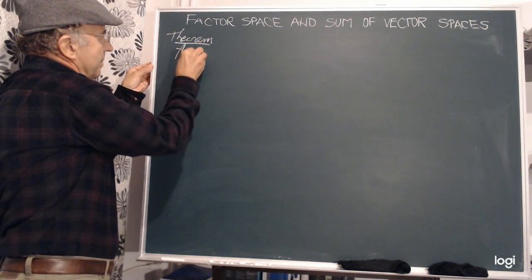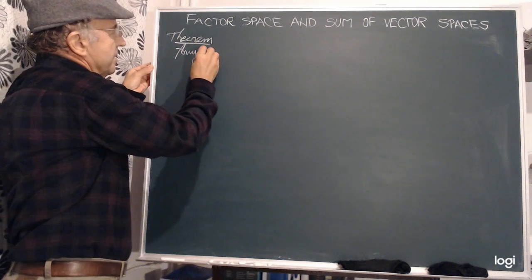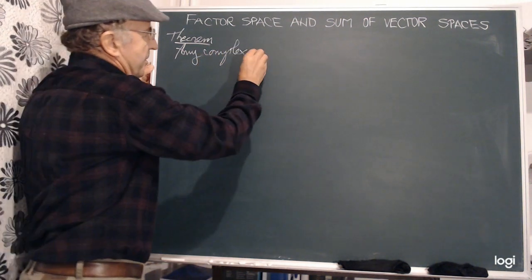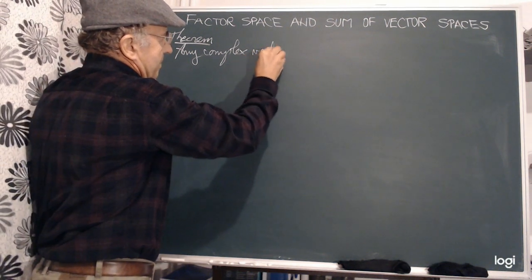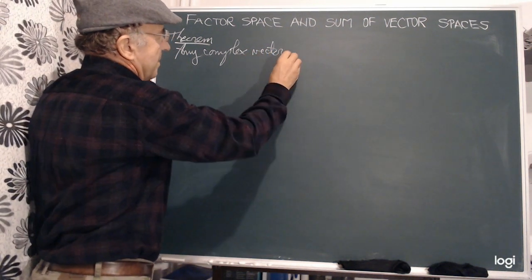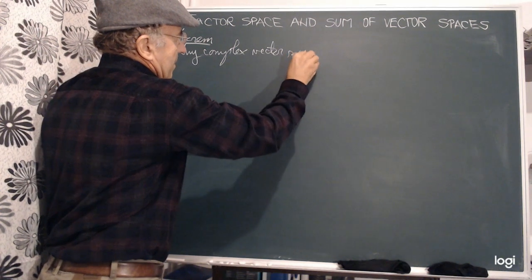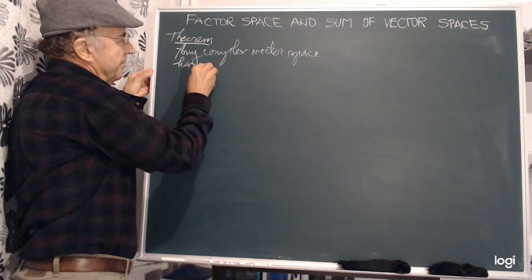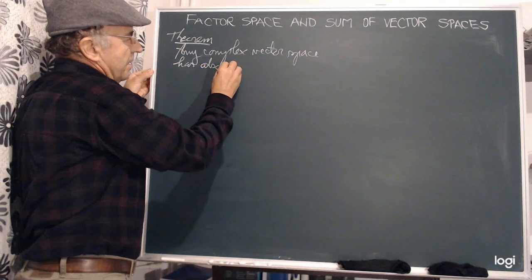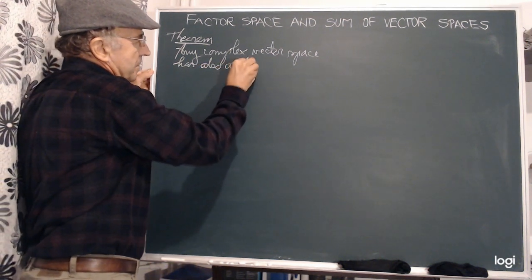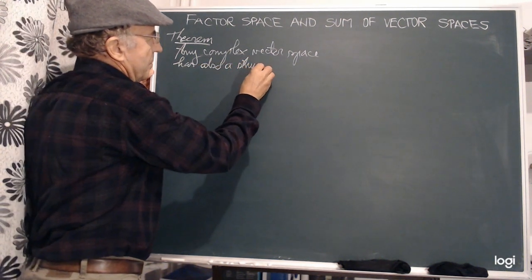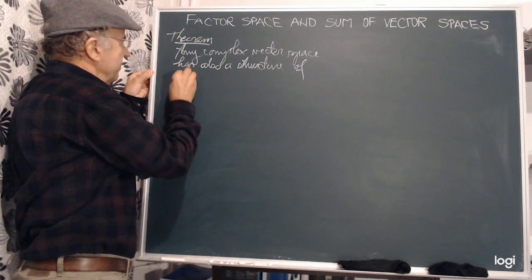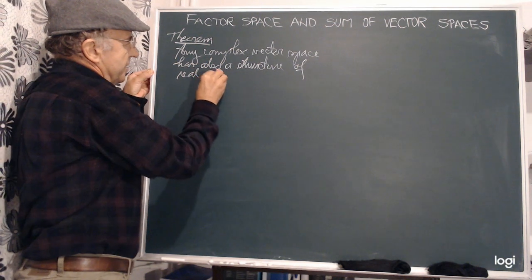Any complex vector space has also a structure of real vector space.